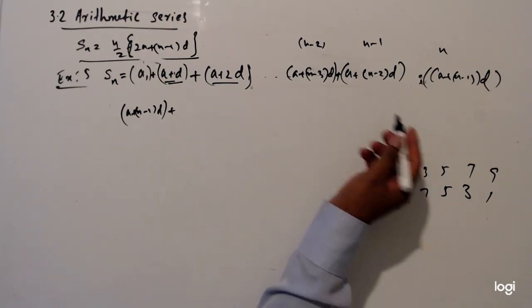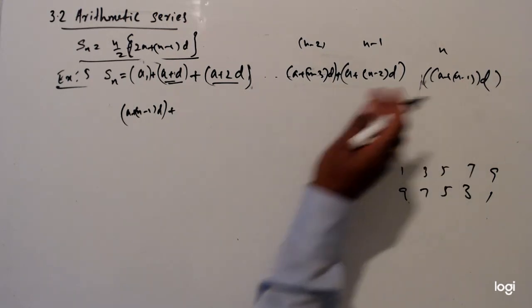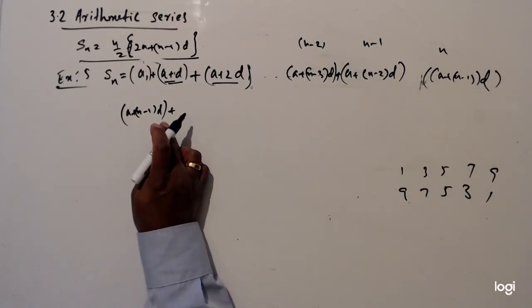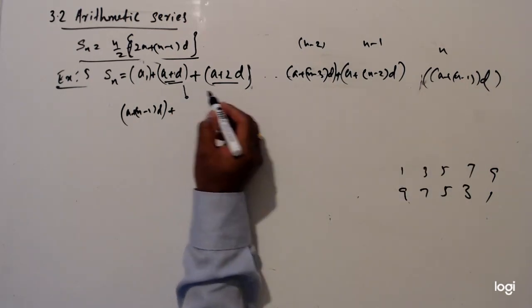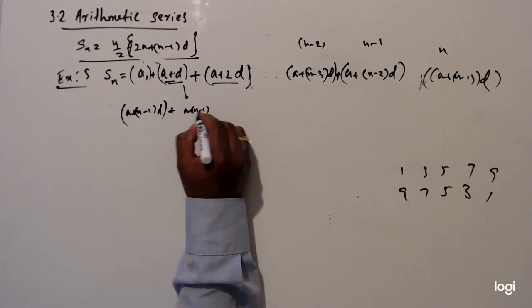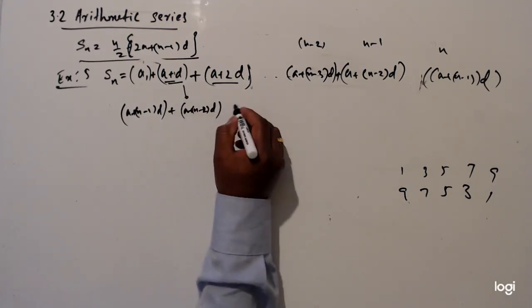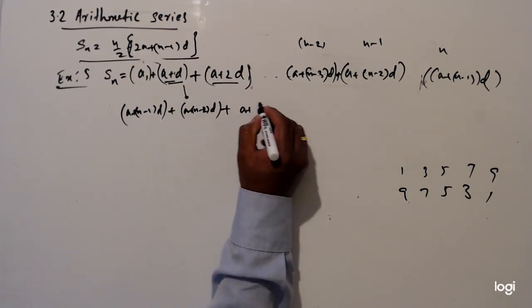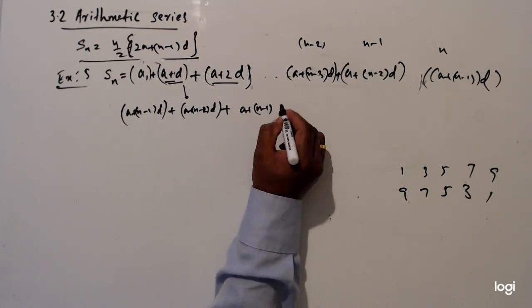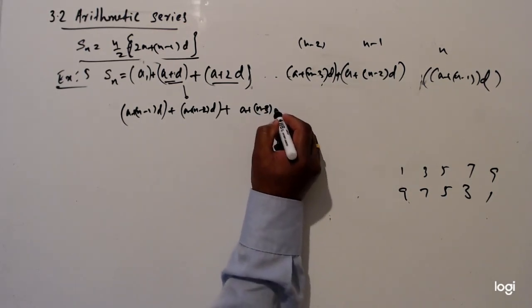Now I am writing this one in descending order: a plus n minus 1 d, then a plus n minus 2 d, and a plus n minus 3 d.